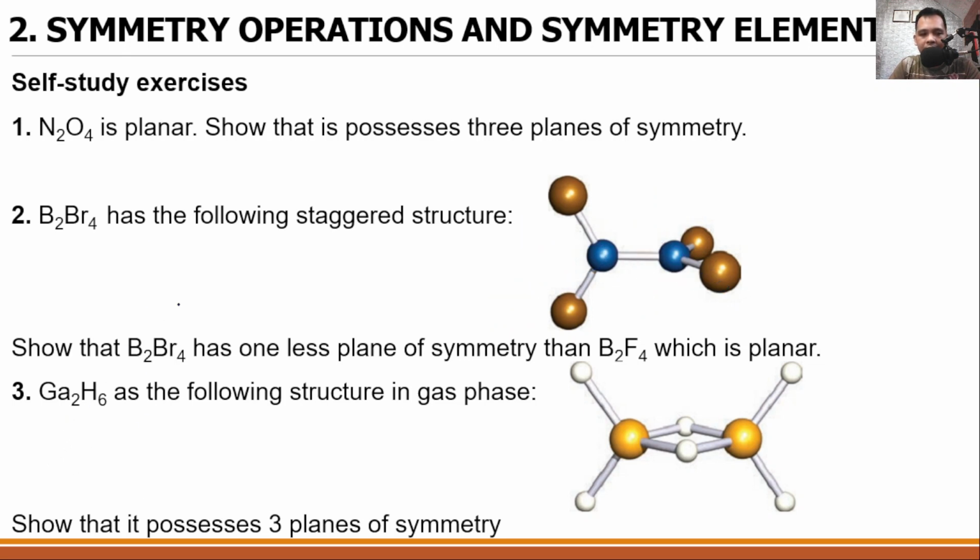Ga2H6 has the following structure na gas phase. Show that it possesses 3 planes of symmetry. It's very simple. The plane of symmetry, the one are here, vertical. Also have a horizontal. Di ba? And yun nandito sa gitna natin, the molecules.